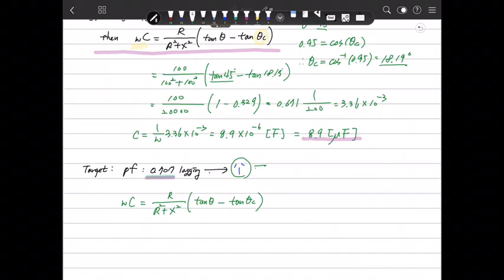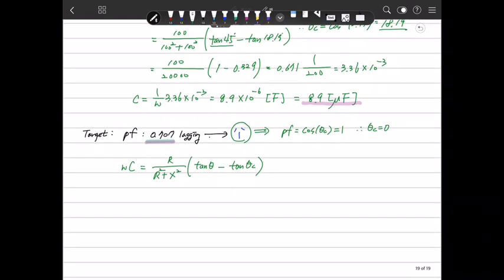So when the power factor is 1, what's the meaning of that? Cosine theta C is 1. Therefore, theta C is 0. So it is 100 squared plus 100 squared, and theta was 45 degrees, minus tangent theta C, which is 0.